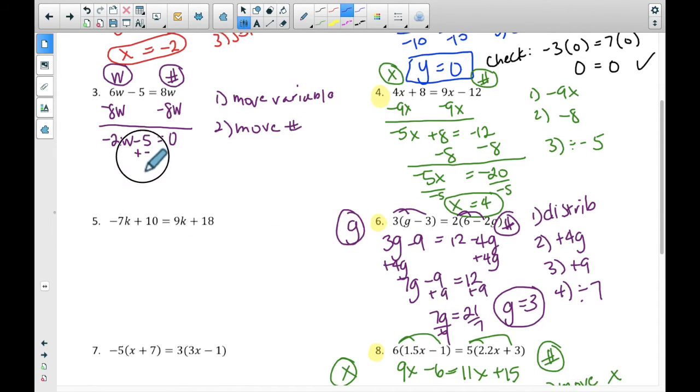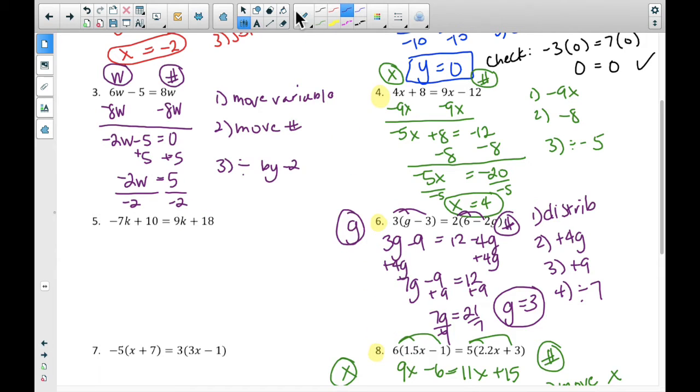So I need to add 5 to both sides. So now I have a negative 2W, and that's a plus sign, is equal to 5. So my third step is to divide by negative 2. So I need to divide this by negative 2, I need to divide this by negative 2.